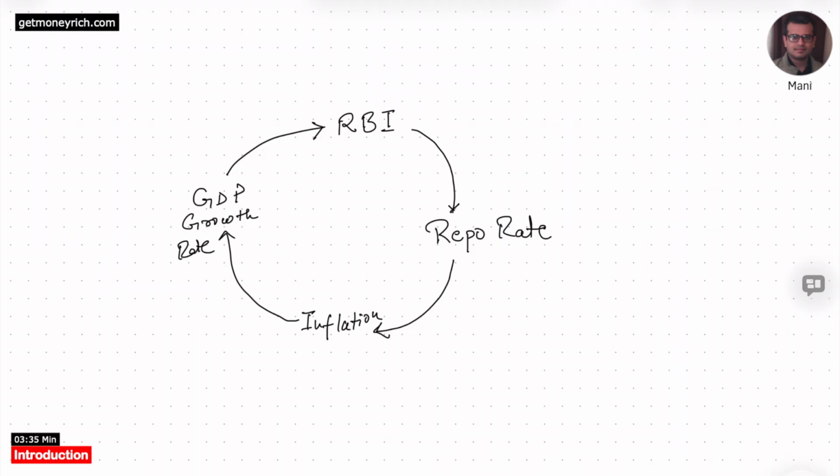So basically these are the 3 points: the repo rate, the inflation, and the GDP growth rate, that the RBI is looking at from a bird's eye view. They want to control the repo rate in turn to maintain an acceptable level of inflation, so that the GDP of the economy keeps growing at the rate at which the government wants.